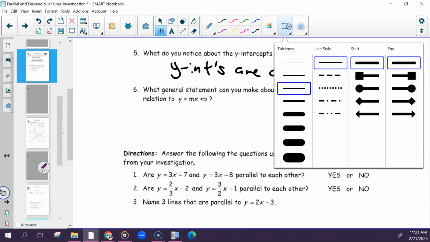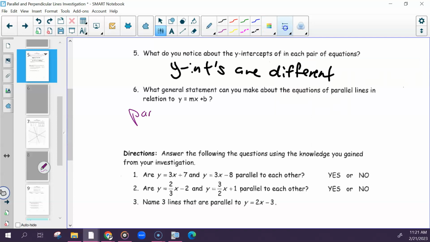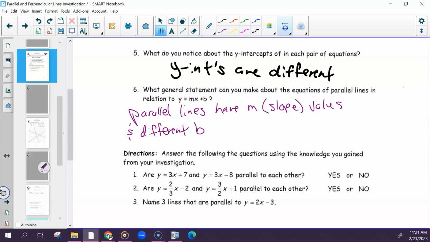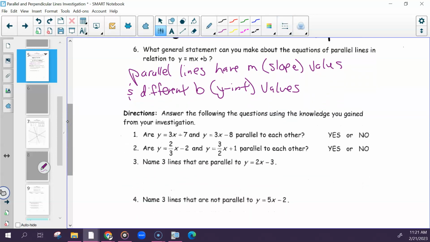So parallel lines have the same m or slope values, and different b or y-intercept values. That's a good general statement for all parallel lines. So if you didn't write that down or have both of those things, you can write mine down.